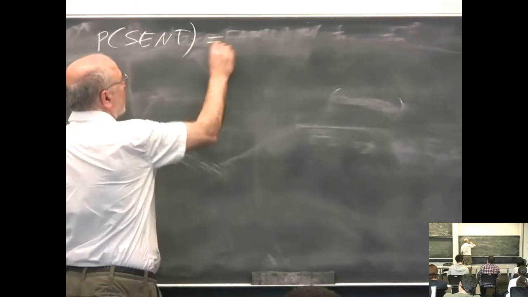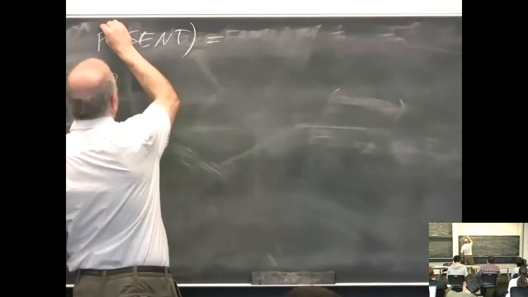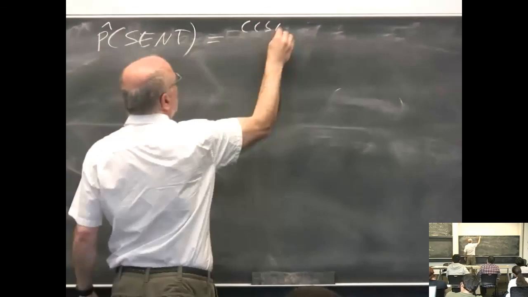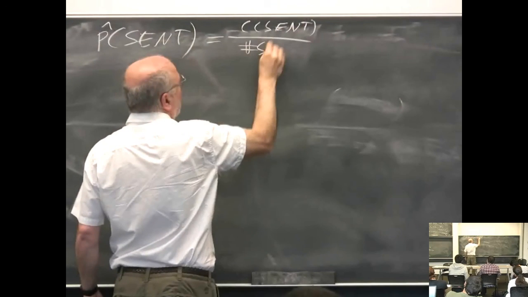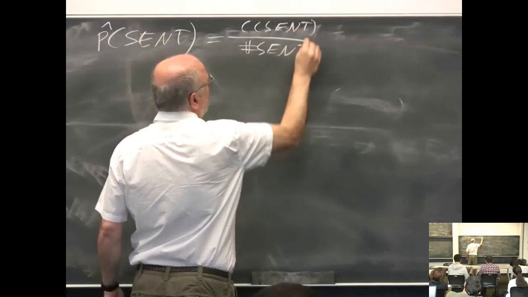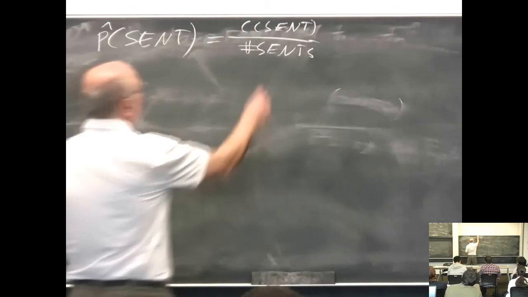If we use the straightforward, simple-minded view of estimate of count of the sentence over number of sentences, that's bad, because it's highly sparse, right? We know that's really bad. So let's not do that. But let's try to capture aspects of the sentences we care about with features.